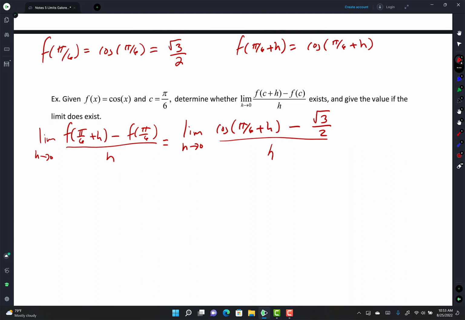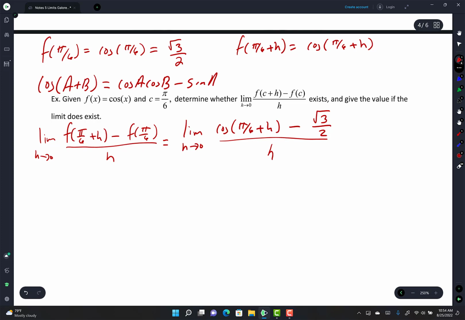Is there something in pre-cal that I learned for me to expand cosine of pi over 6 plus h? Oh man, I wish there was something. Do you remember cosine A plus B? What is cosine A plus B? Plus or minus? So here on the side, I'm going to continue with this cosine pi over 6 plus h.